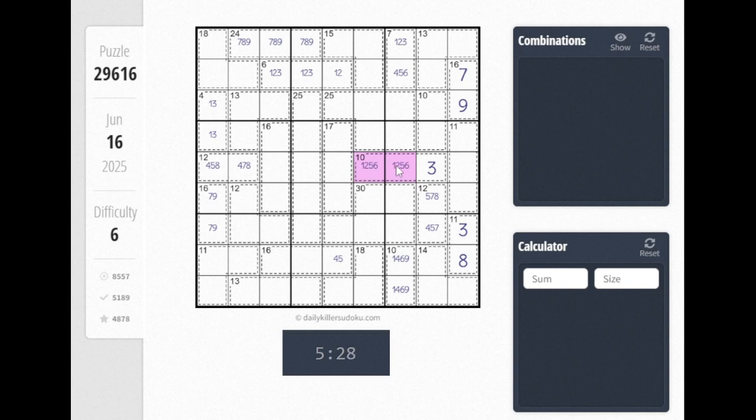I mean, I know this to be that. What else do we got? So we know that is 6 now.